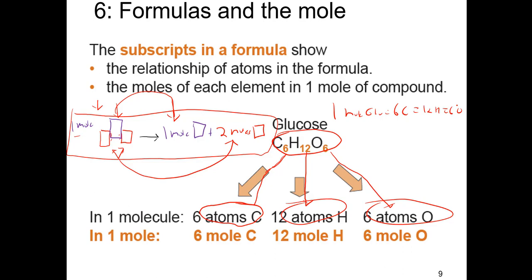We can automatically assume that it's a mole-to-mole ratio. So for every 1 mole of glucose, we're going to have 6 moles of carbon, and then 12 moles of hydrogen, and then 6 moles of oxygen.